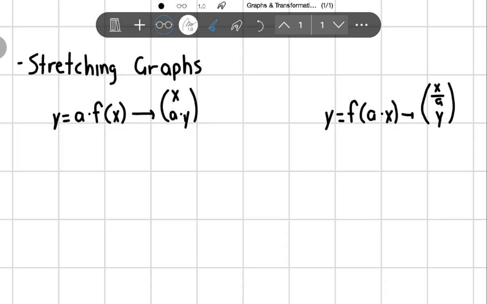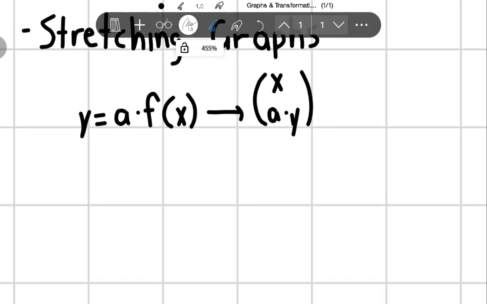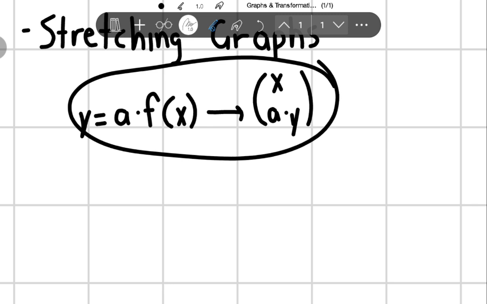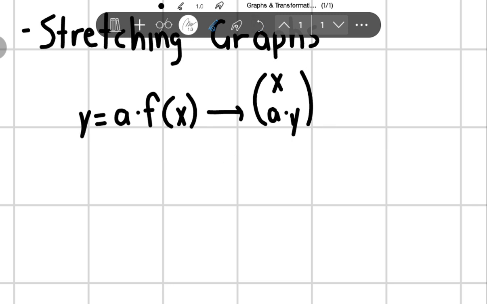Moving on, we're going to talk about stretching graphs. And as I said, or maybe this is a different recording, in stretching graphs, you're basically changing how much the graph will either stretch or compress, depending on whether you manipulate the x or y coordinates. It's like you're changing the amplitude of the graph. So if we look at y equals a times f of x, a is basically the constant that you'll multiply f of x with.